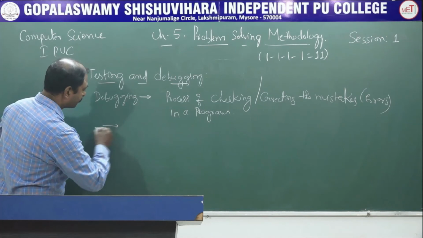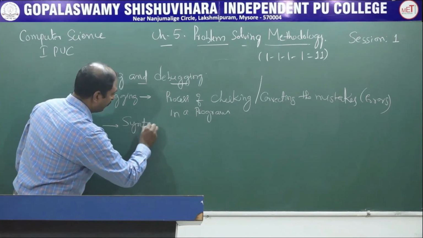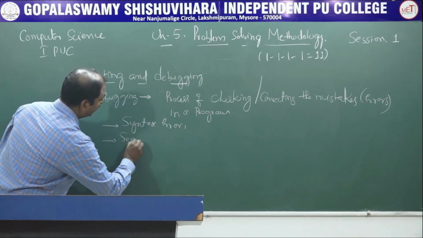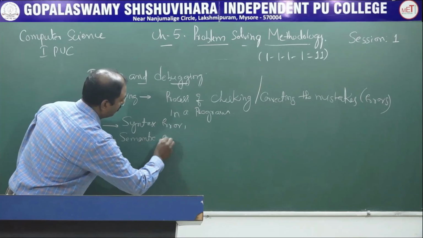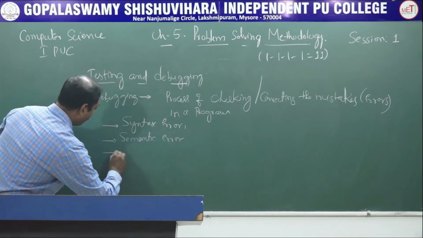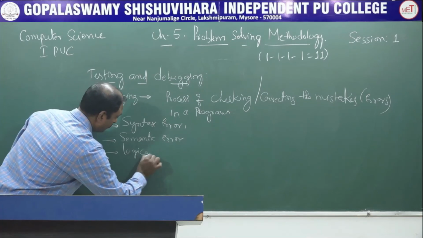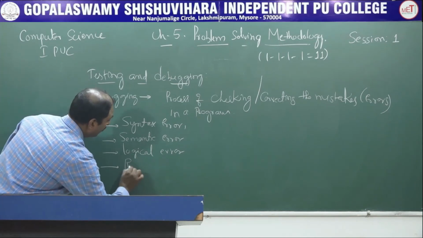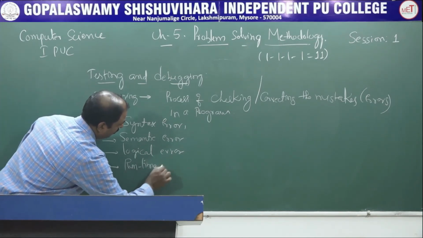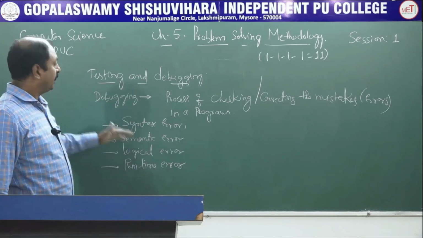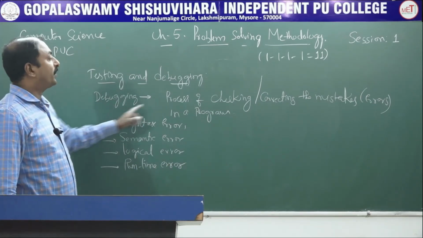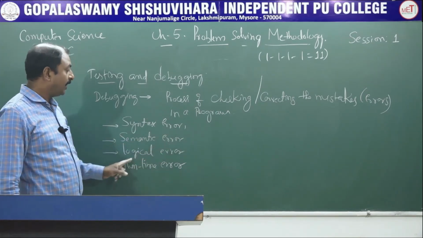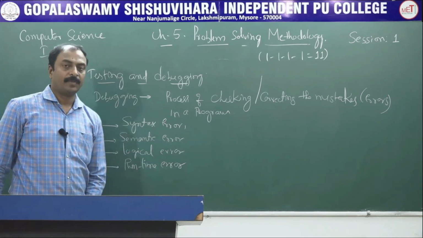They are syntax error, semantic error, logical error, and runtime error. In a program, we can come across different types of errors. They are syntax error, semantics error, logical error and runtime error.